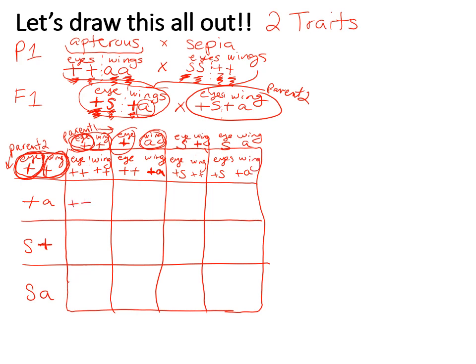I'm going to stop writing all the extra stuff and just fill them in. If you get confused at all, just send me a remind message with a picture of this slide, and I'll go over what I just did here. So each one I'm putting eyes first and then the wing alleles. Eyes first, then the wing alleles.